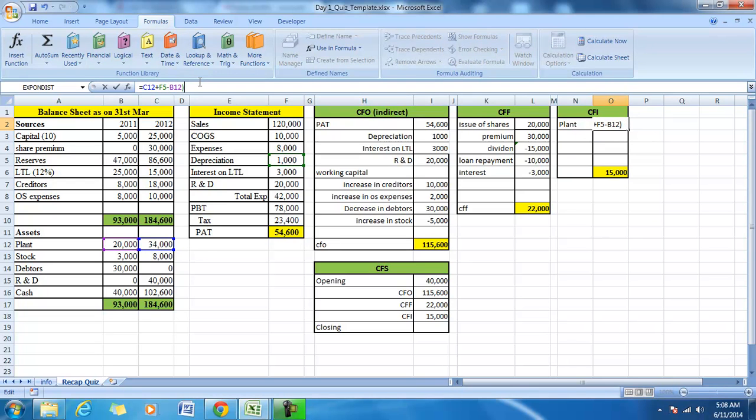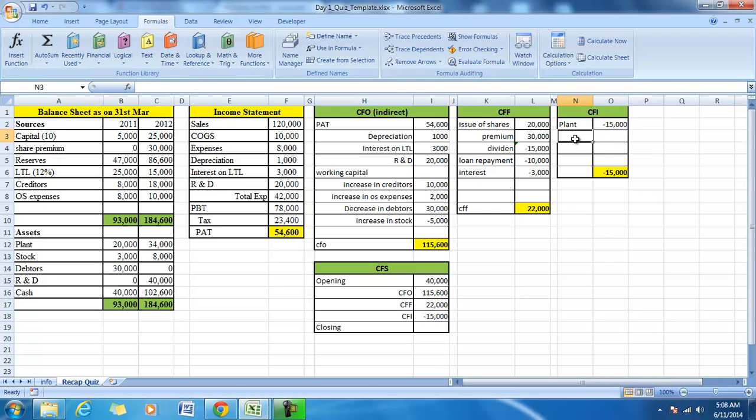In other words, during the period we acquired plant costing 15,000, which can be seen by observing the difference between the plant and adding depreciation to that. So changes in the plant plus the depreciation will show the capex during the period.